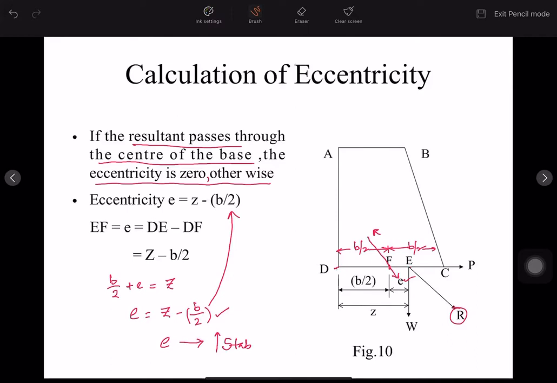It means if E is less, stability of the dam is more, right?